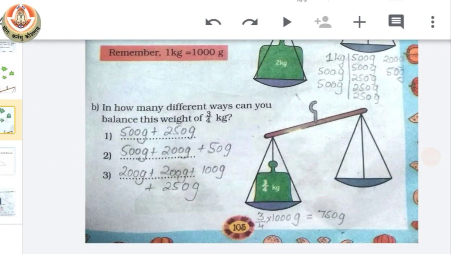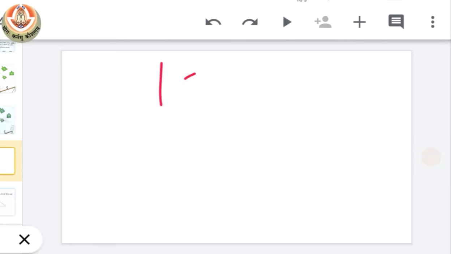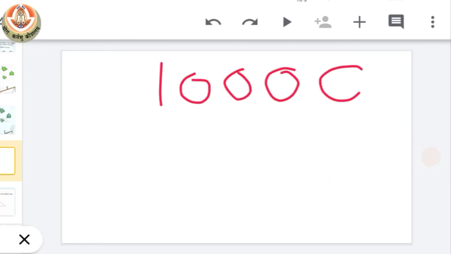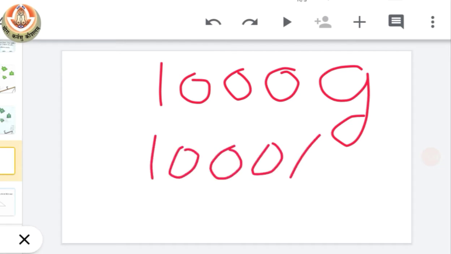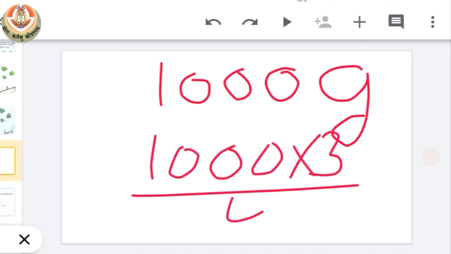Okay class. Similarly, we have to answer for 3/4 kg of weight. See, 3/4 kg of weight means 750 gram. You can look here, 1000 gram, and we have to make it 3/4. 3/4 means we have to multiply by 3 and divide by 4.